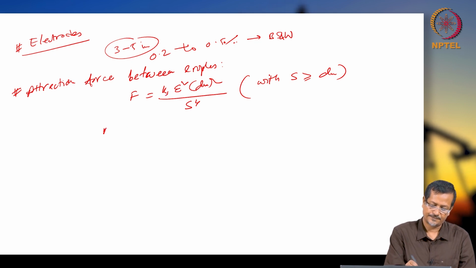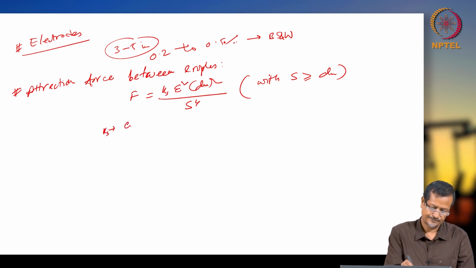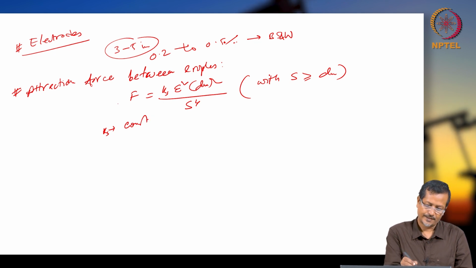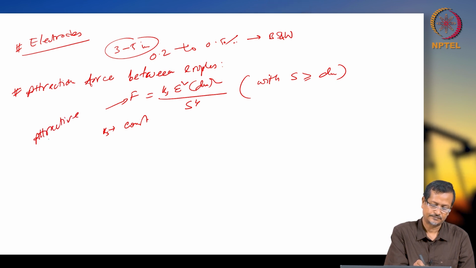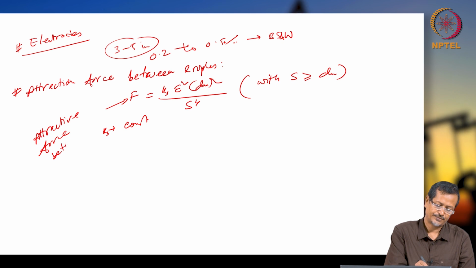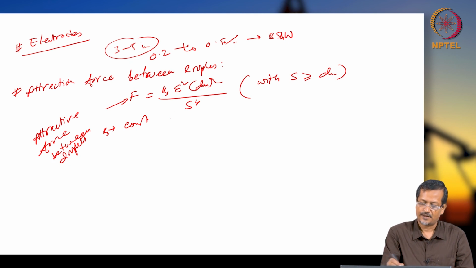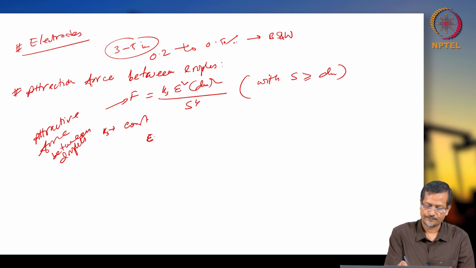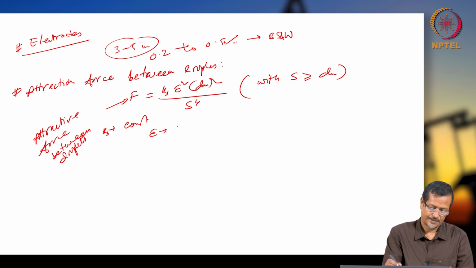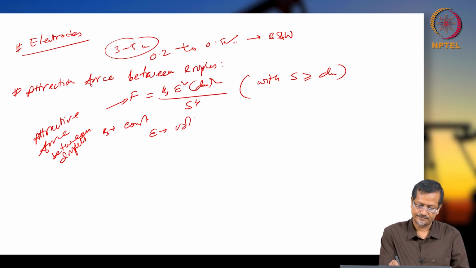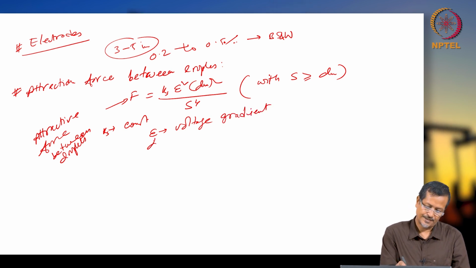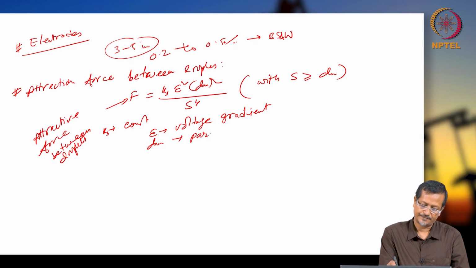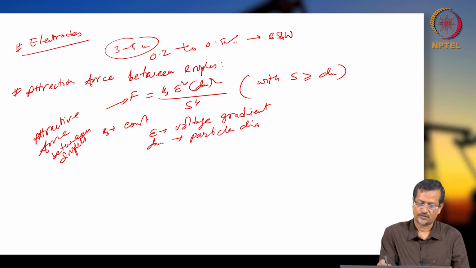K is a constant, F is the attractive force between droplets, epsilon is your voltage gradient, dm is the particle or droplet diameter.